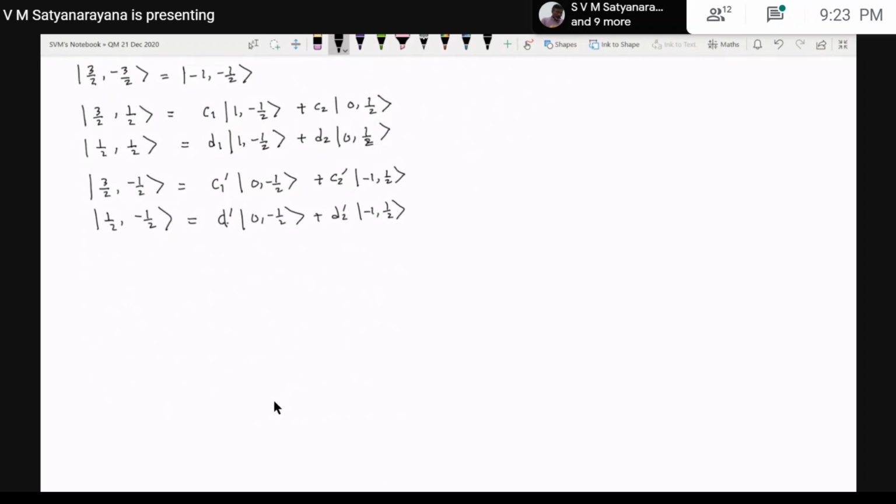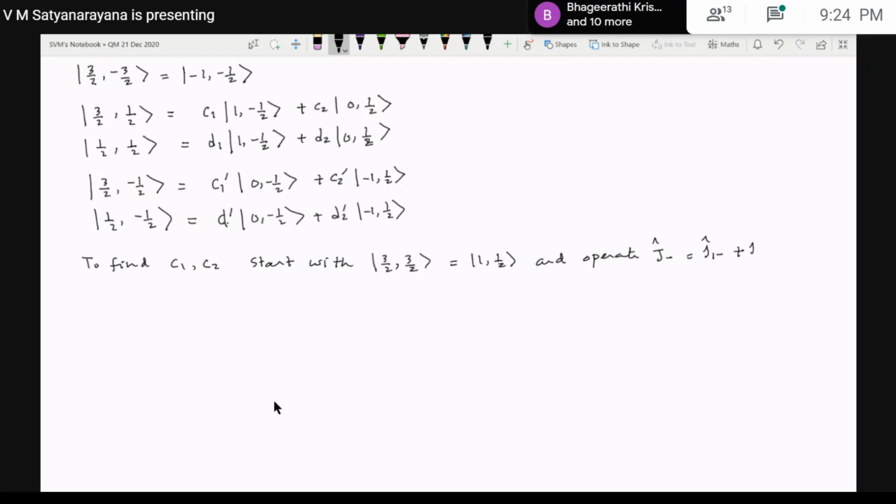So what I will do is that to find C1 comma C2, start with 3 by 2 comma 3 by 2, which is equal to 1 comma half, and operate J minus, which is equal to J1 minus plus J2 minus.